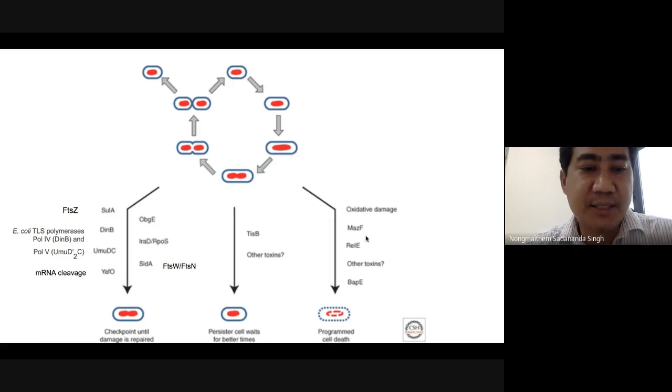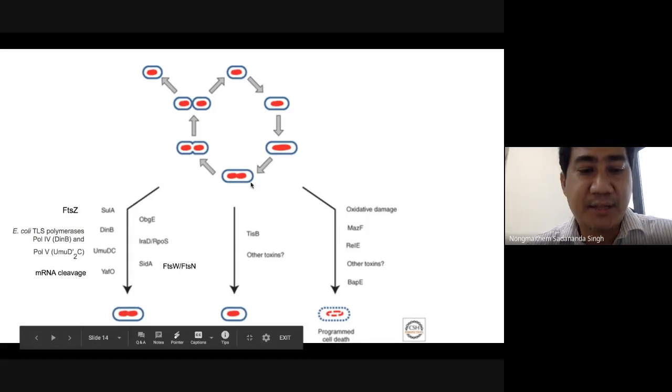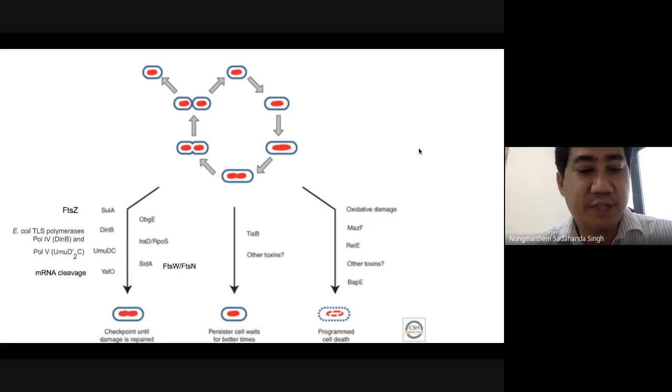For example, in this case, it can have checkpoint activation, thereby leading to inhibition of the cell division so that the cell gets enough time to repair the damage or complete the replication, enough time is there.